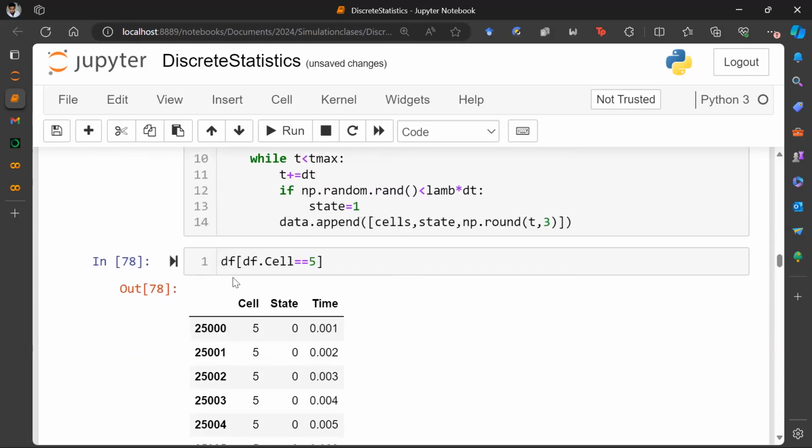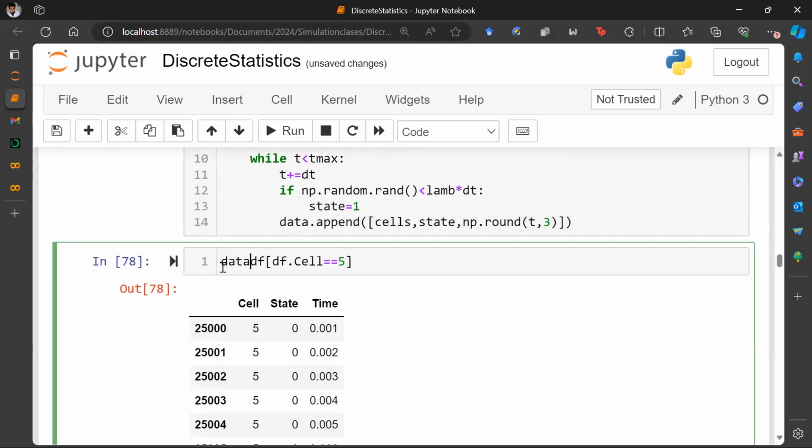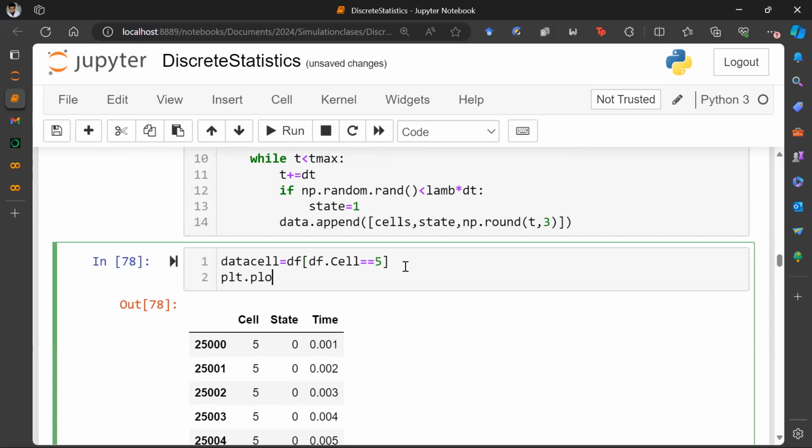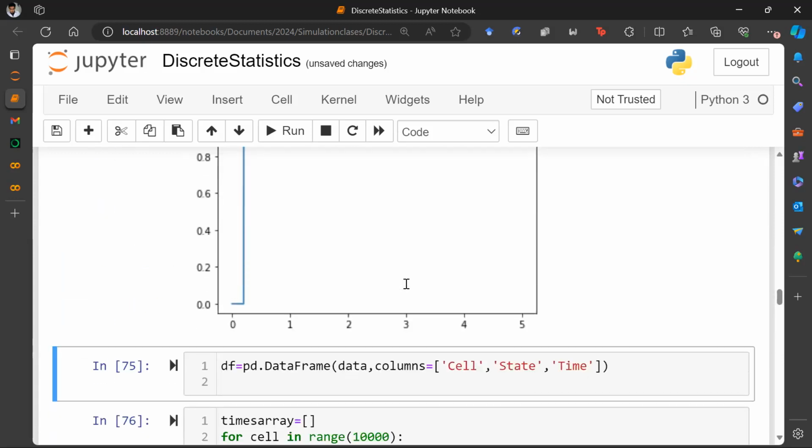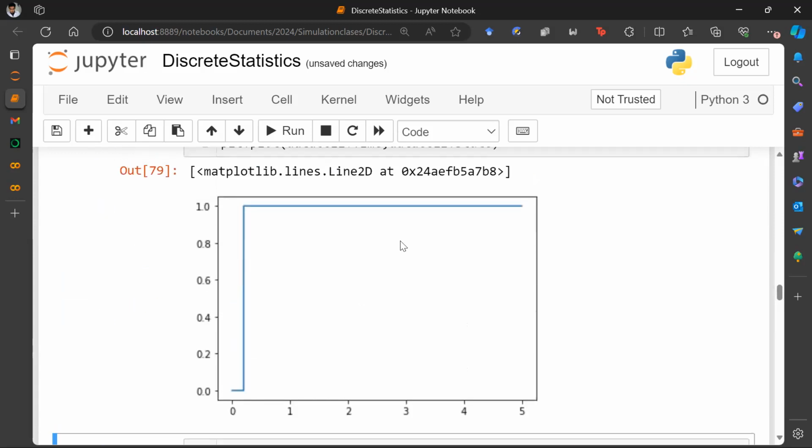And you can plot. You can call this data cell and plot data cell.time and data cell.state. You have something like this. It starts from 0 and then goes to 1.